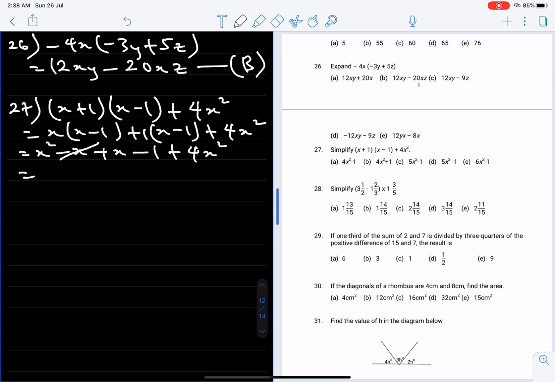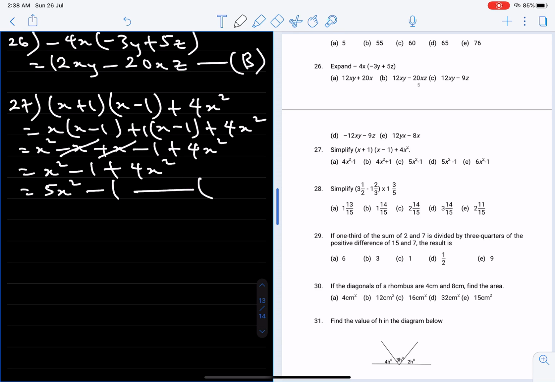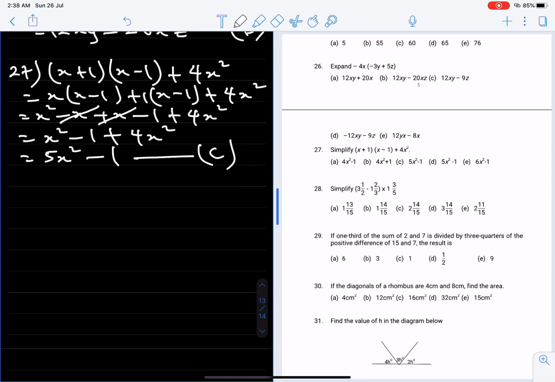Minus x plus x is 0, so that's x squared minus 1 plus 4x squared, which is 5x squared minus 1. The correct option is C, 5x squared minus 1.